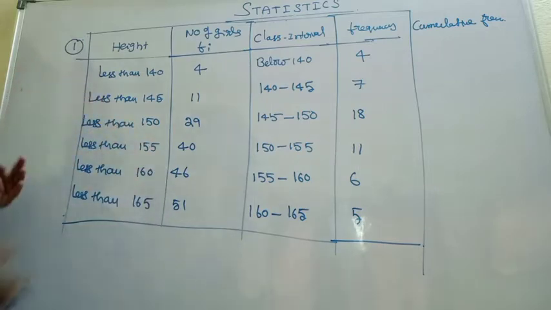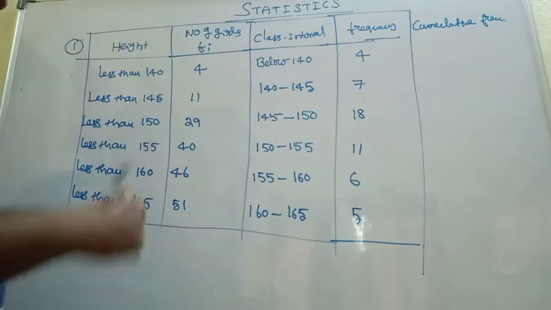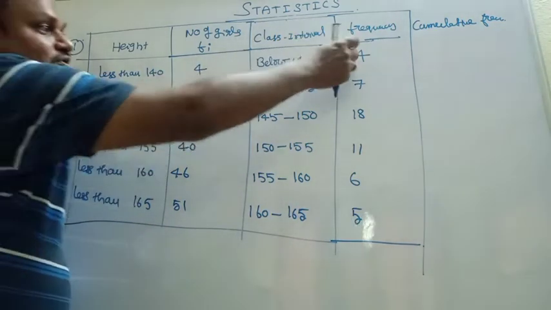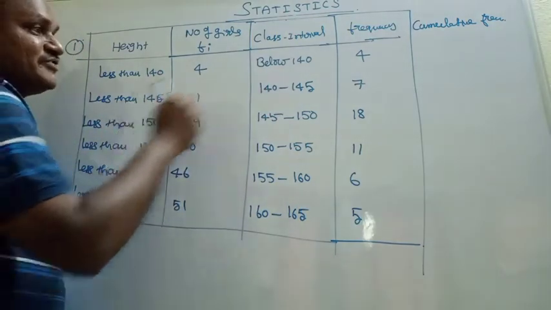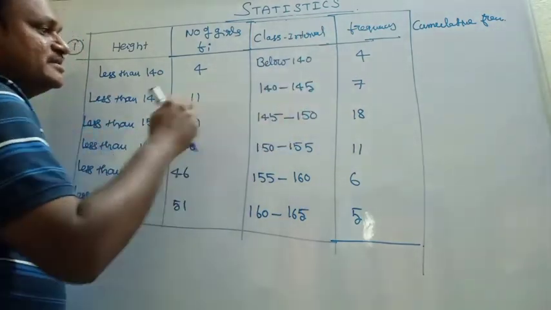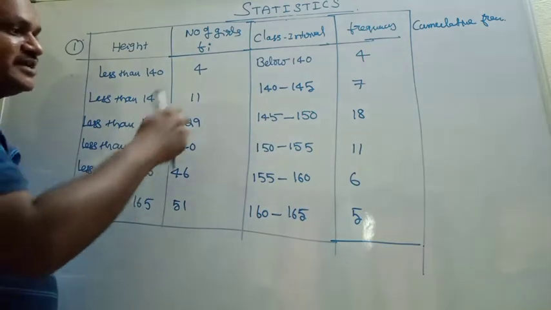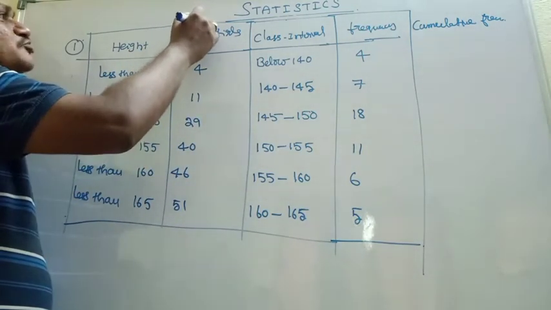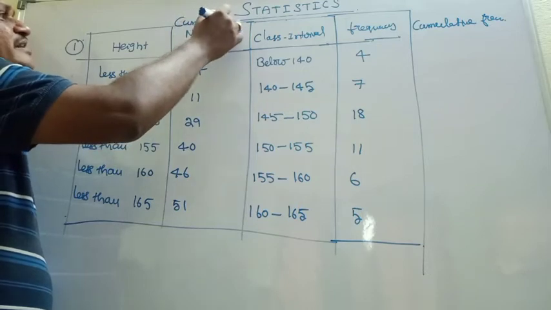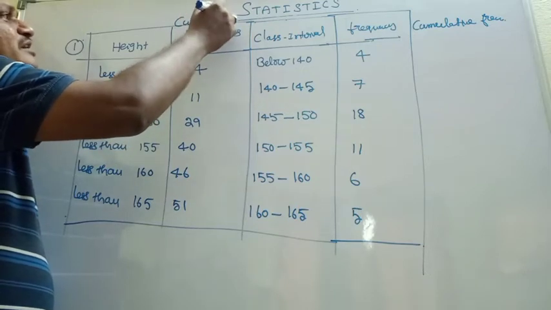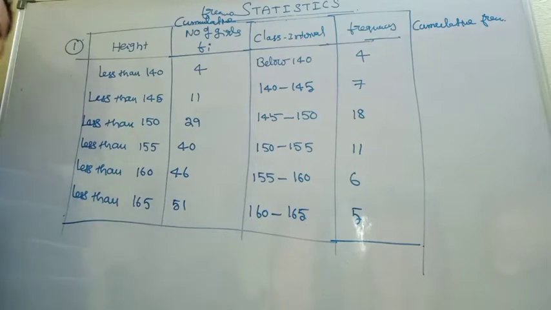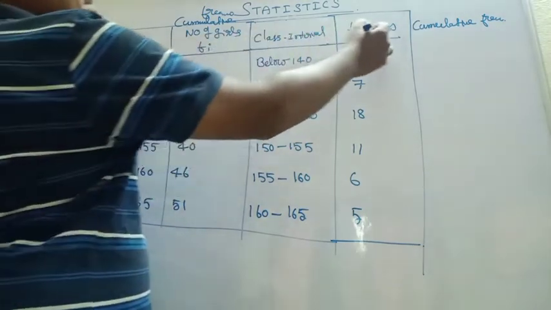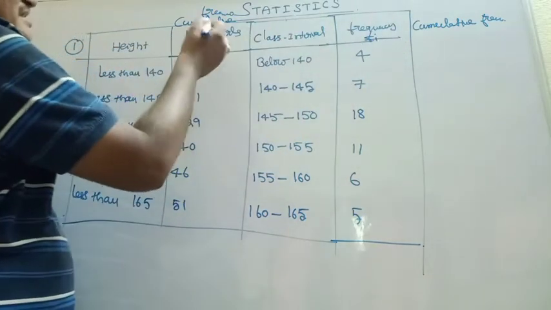Less than 145 is 4 plus 7, which is 11; less than 150 is 4 plus 7 plus 18, which is nothing but 29. This is the cumulative number of girls, the cumulative frequency. This is the frequency f_i and this is the cumulative frequency, CF_i.